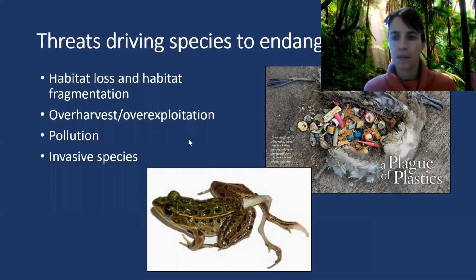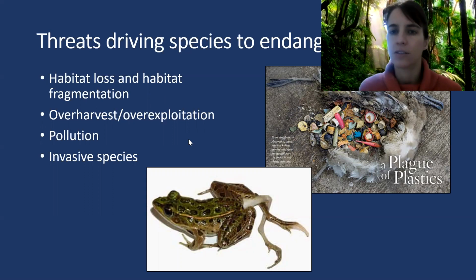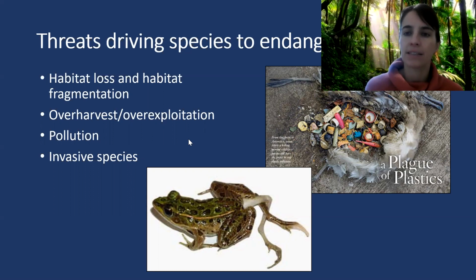Like this terrible picture up here of a dead seabird filled with plastic, and it says a plague of plastic. So many marine animals die from eating plastic in our garbage islands that we have out in the ocean now. This is just a terrible affliction for marine wildlife, and that's from pollution, right?